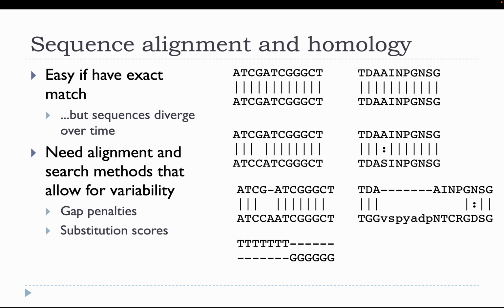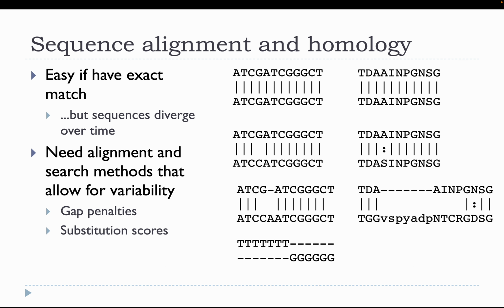And if you took an E. coli sequence and a Salmonella sequence, there will be some sequences where they are exactly identical. But the problem is that sequences diverge over time. So what we need to do is devise methods for alignment, and if we're going to go on to search, we need to look for variability. And there are two kinds of variability. So one residue changes into another.